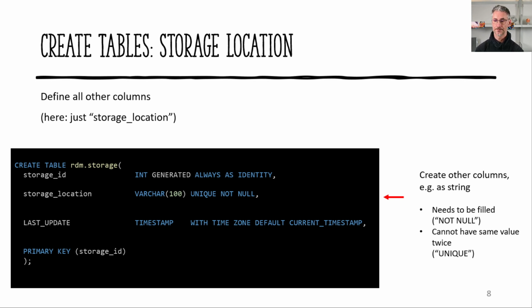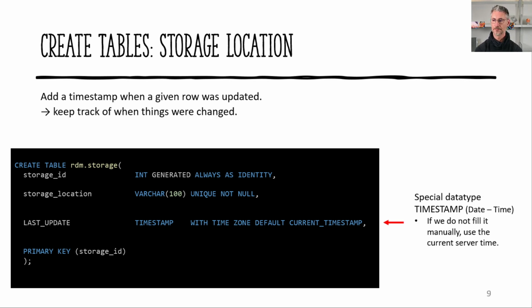So that means if the user doesn't specify it, the database fills it in automatically. Remember here, timestamp is a special variable type. It contains the date and the time, and we don't have to fill it, but the database makes sure there's always a value to it.